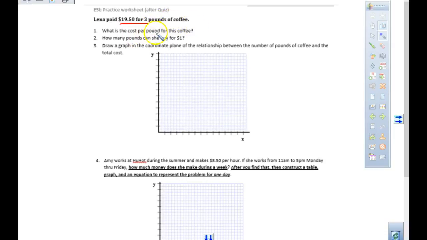What is the cost per pound? That means dollars per, you're trying to find 1 pound. Some of you like to switch these two around and find per $1. I don't want to know $1. I want to know 1 pound. Okay? So, I am going to hand out the quiz right now.